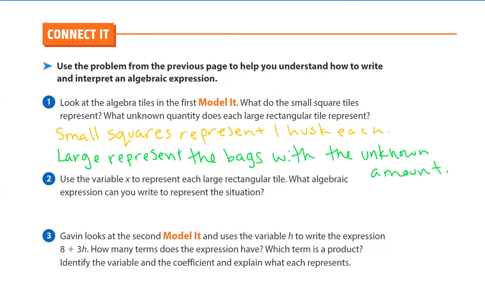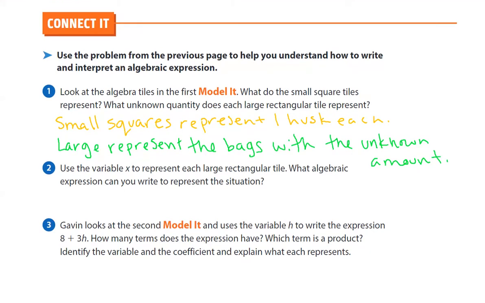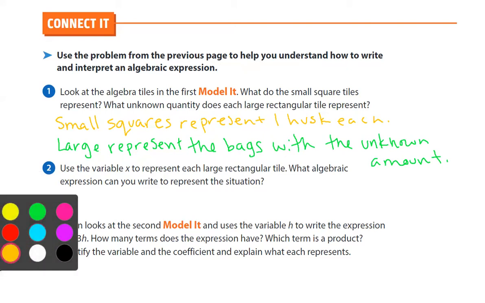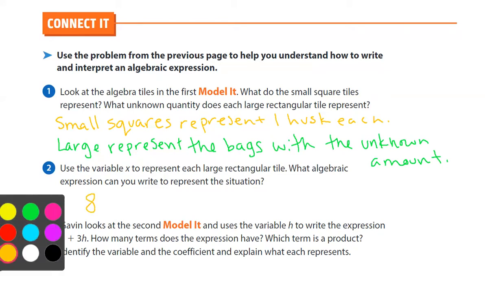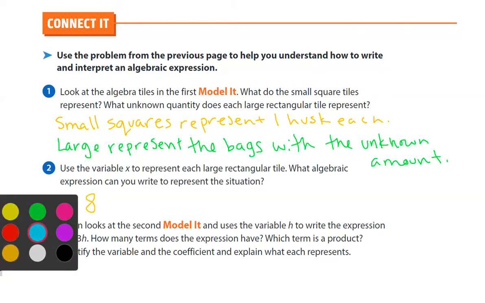Okay, number 2 here says, use the variable x to represent each large rectangular tile. So that now they're going to use x instead of h. Fine, be that way, be boring. What algebraic expression can you write to represent the situation? Well, how many do we have? We have 8 husks. And we have how many bags?